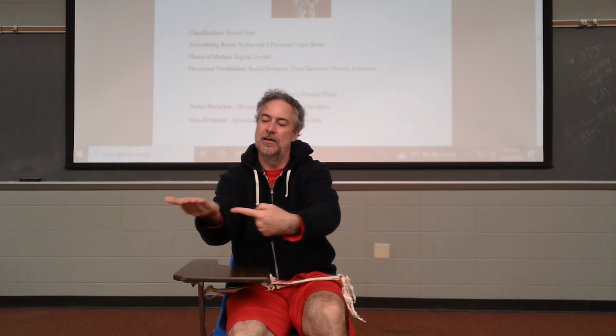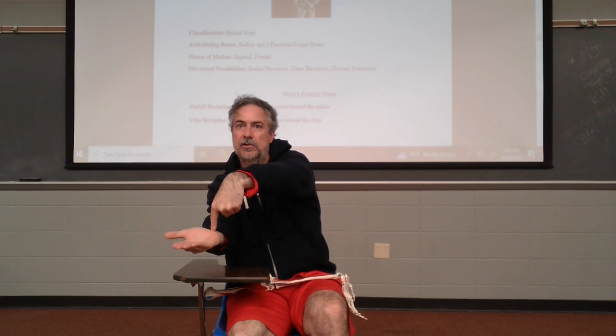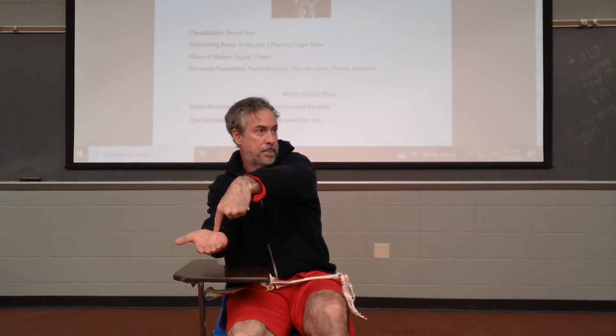So we have this motion in the sagittal and frontal. That's wrist. And you notice this was the bilateral axis. Bilateral axis, flexion, extension. Anterior, posterior axis, ulnar and radial deviation.